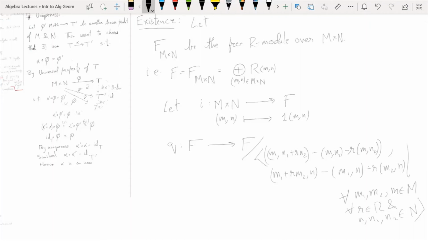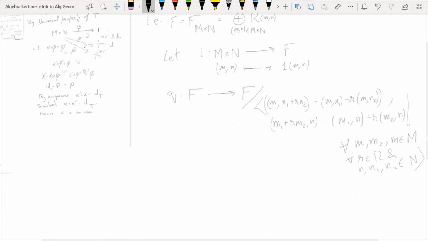So what you get is a submodule of F, and you quotient out by that. So our phi is going to be I followed by Q.